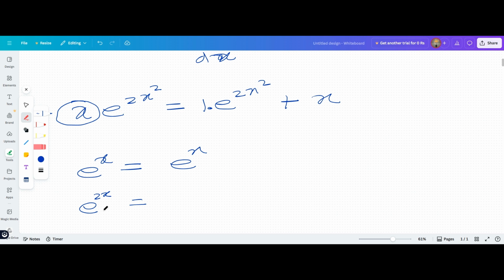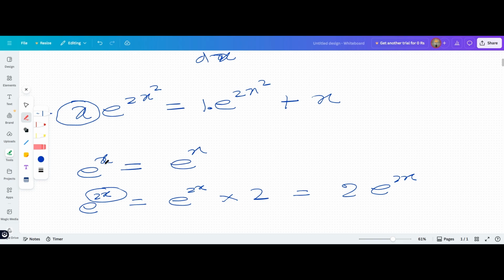The answer is very simple. Write it down, e to the power 2x into differentiate what is in the power. What is in the power? 2x. If you differentiate 2x, it is 2. So the answer is 2 into e to the power 2x. Actually, here also same.